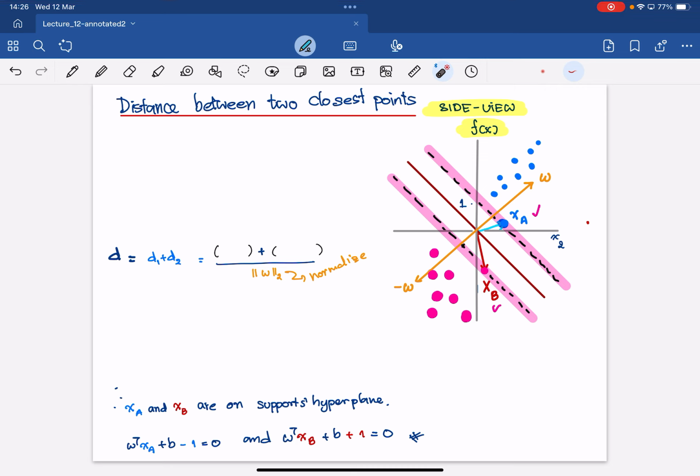Let's say D1 is this one and D2 is this one. What you probably have to do is project XA on W, right? W, I forgot to introduce. If you have a hyperplane, the most important parameter in the hyperplane is a normal vector.